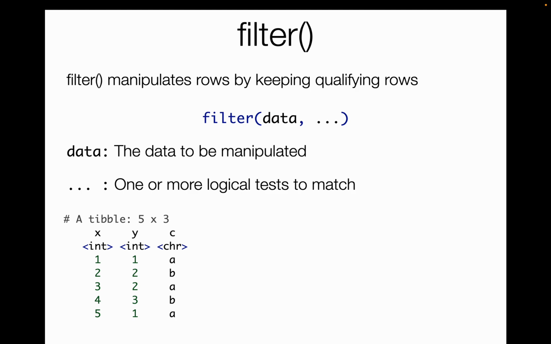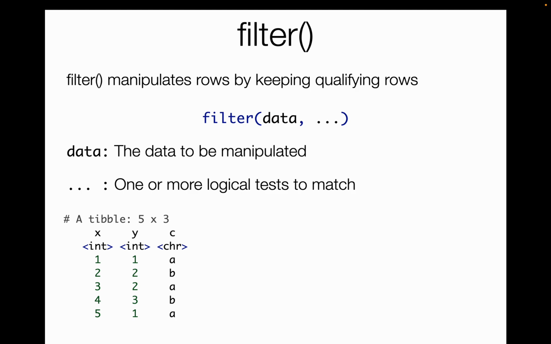As promised before, the first argument of filter is the data. The second argument is one or more logical tests to match. So you want to filter by something. The by has to go in the ellipsis. Okay, and so here, if you remember back to our functions video, the ellipses can happen in two places.